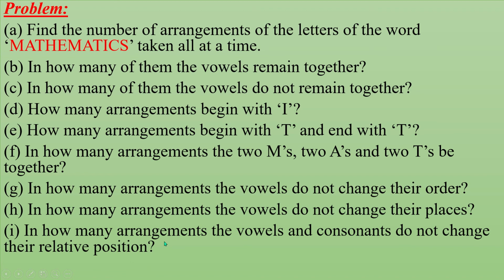In how many arrangements do the vowels and consonants not change their relative position? Not changing their relative position means the positions of the vowels are second, then fifth, then seventh, then ninth.